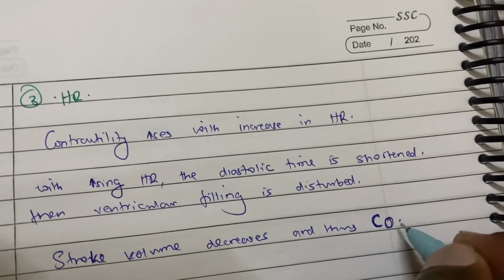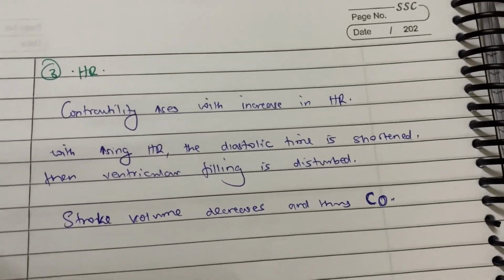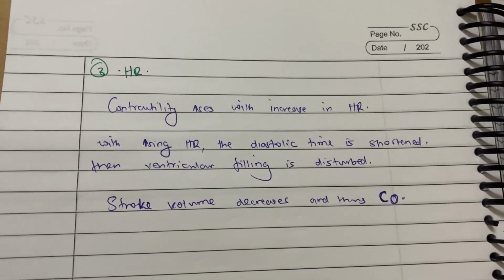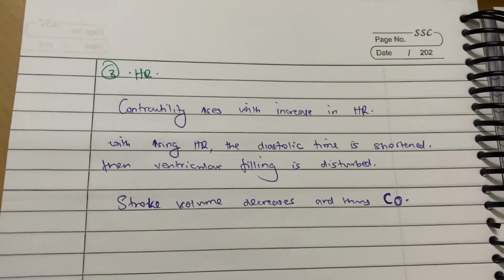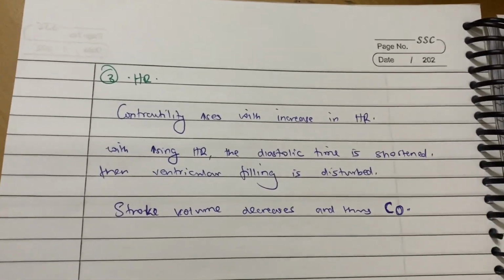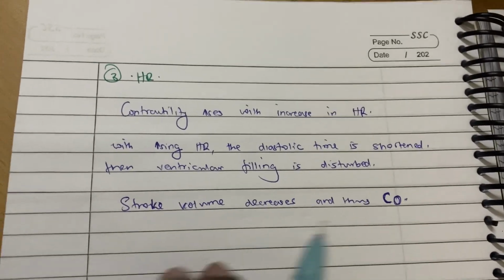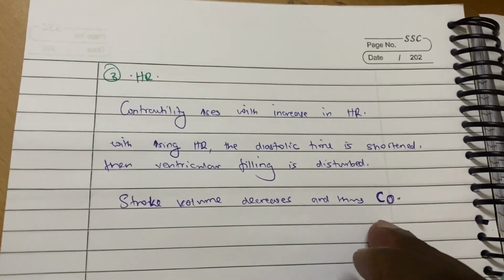This we know that it can happen. But in actual sense, increase in heart rate, we need it. For example, under physical activity, we need the heart rate to increase. Though, are we working to decrease the cardiac output?